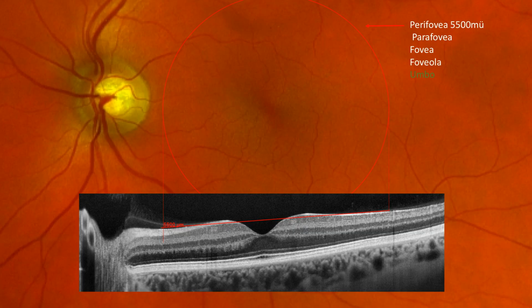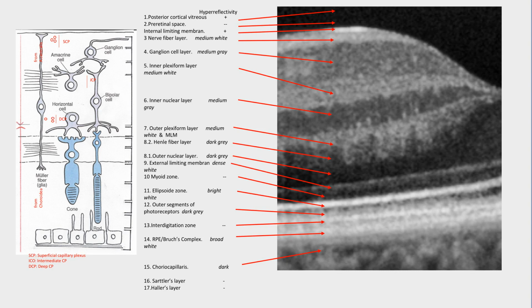And finally, the perifovea, 5000 microns. And here, the nomenclature and the OCT report.